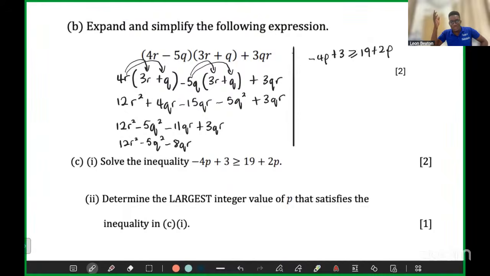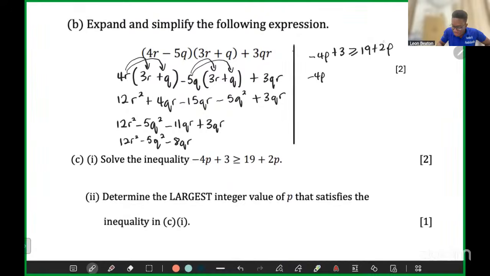The same steps that you would follow to solve an equation. So let's put all the terms with p on this side of the inequality. So this will be minus 4p, and we carry over this plus 2p, it will become minus 2p, and this will be greater than or equal to, we'll put back the 19. And then we take over this plus 3 to become minus 3.